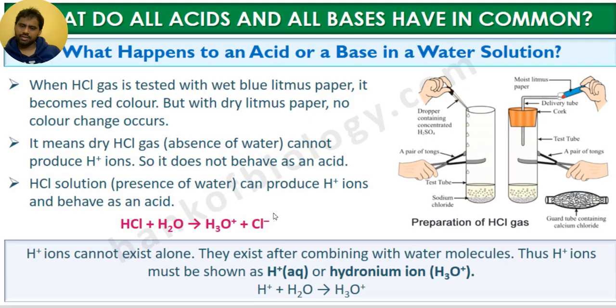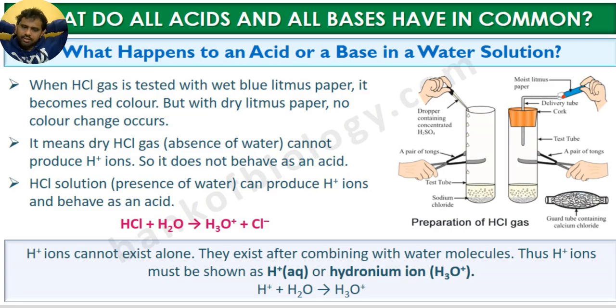H+ ions cannot exist alone. They exist after combining with water molecules. Thus, H+ ions must be shown as H+ aqueous or hydronium ion. Hydronium ion is a much more correct terminology for the H+ ions of acid. So, hydronium ion H3O+ and H+. How is H3O+ being formed?